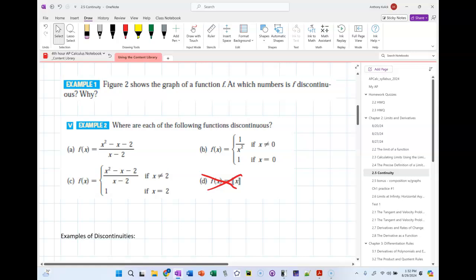So next example, we're going to look for places where the functions are discontinuous. Here you're given an equation rather than a graph. Let's look at part A. How would we go about looking for where that function is discontinuous?